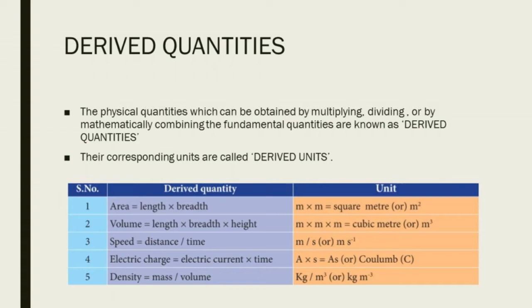Then volume. What is the formula to derive the volume? It is length into breadth into height. So in the same way, it is also m into m into m. That is equals to cubic meter or meters cube. Speed is equals to distance per time.